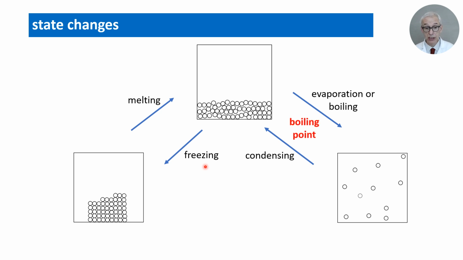So to reveal, evaporation and boiling occur at the boiling point, but so does condensing. Those two opposite or reverse processes occur at the same temperature, the boiling point. Melting and freezing occur at the same temperature, the melting point.